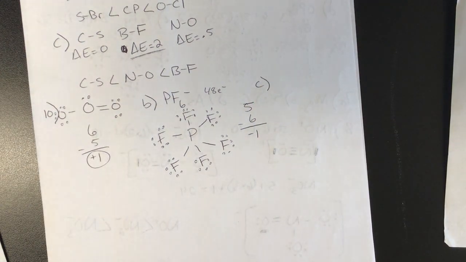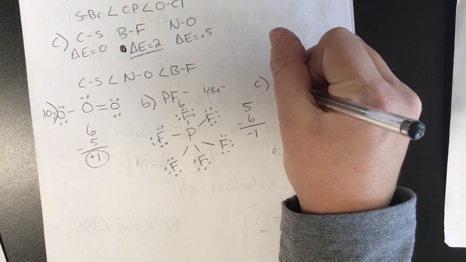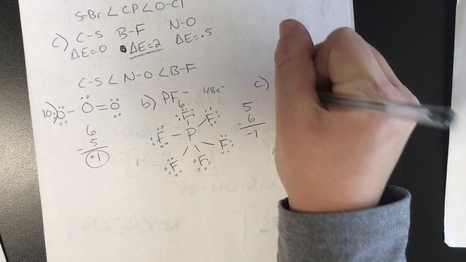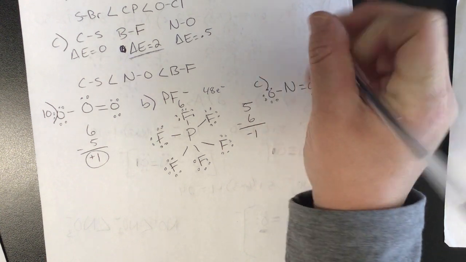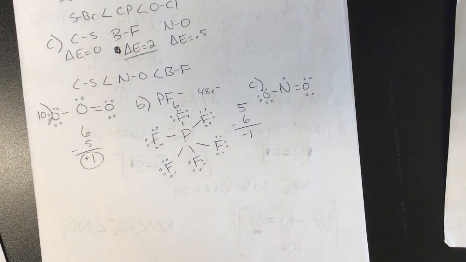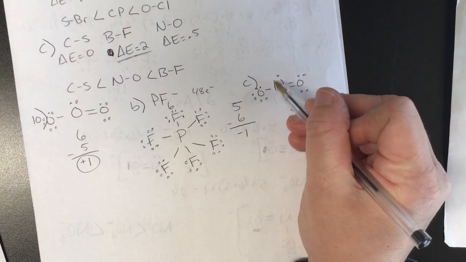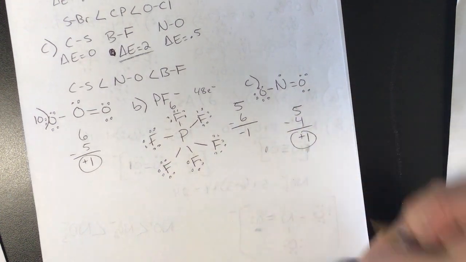Okay, then C, we have nitrogen in NO2. This one has an odd number of electrons. We're going to take 5, our valence for nitrogen, and then 1, 2, 3, 4 assigned. So we're going to have an overall +1.